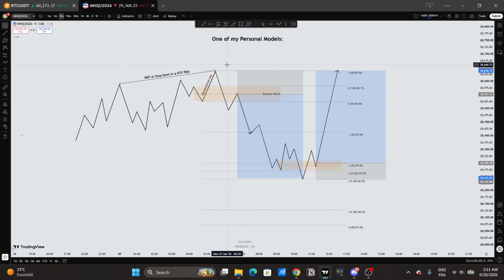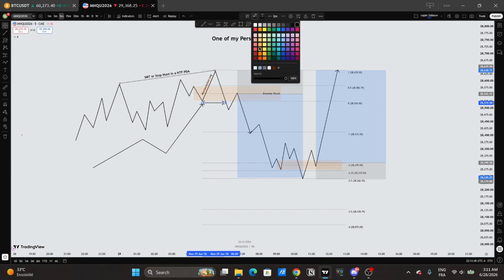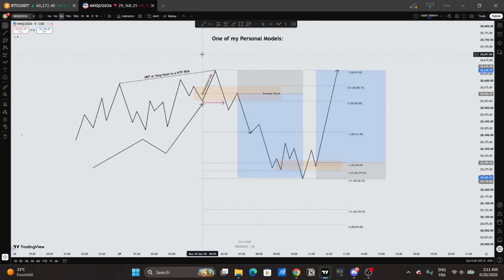Now let's say you found your SMT or your stop hunt in a higher time frame PD array. Now you have to wait for market to break structure to the opposite side. For example, here you can see we're in a trending bullish market, but at this exact point here, you can see that we broke structure and we flipped bearish, or as you ICT traders say, a market structure shift.